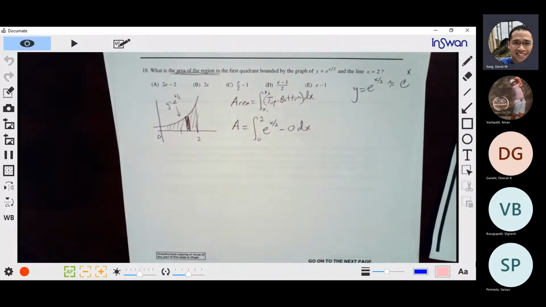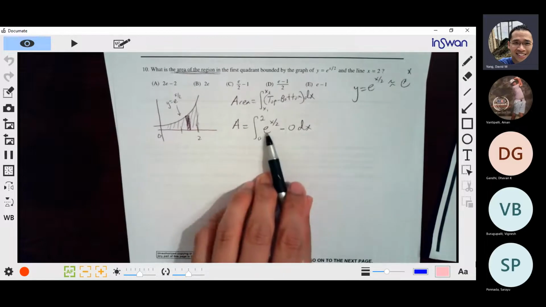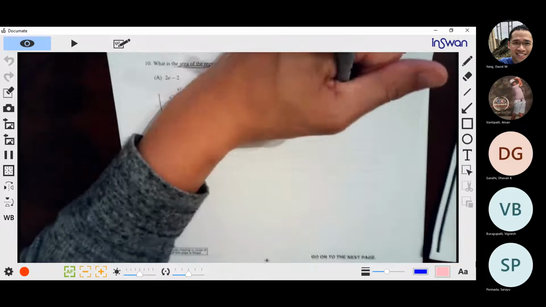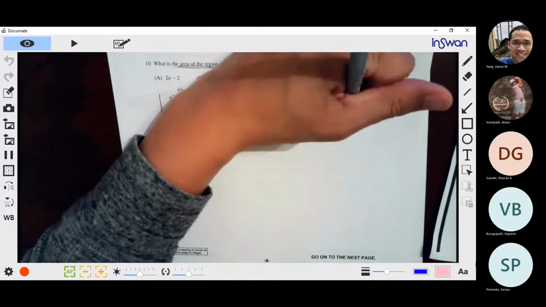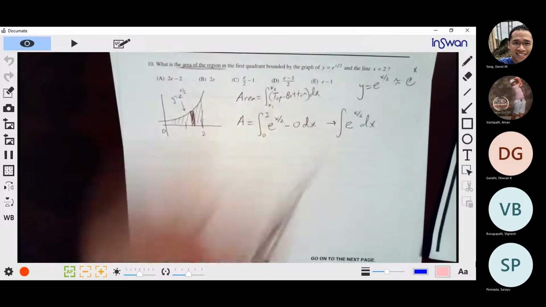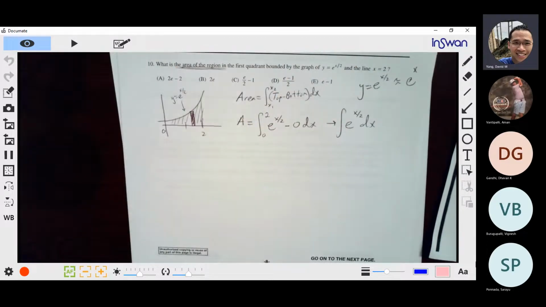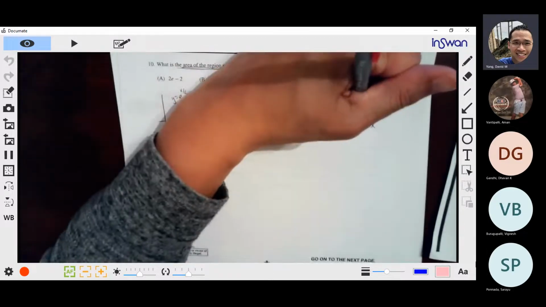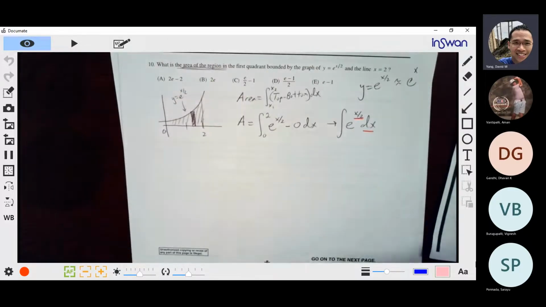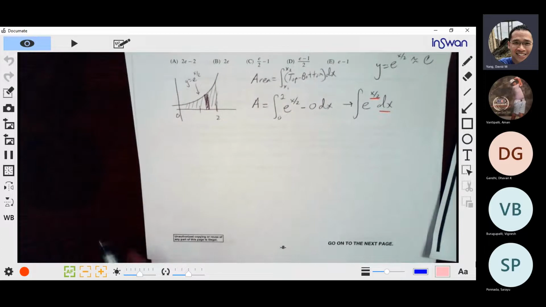Okay, we can ignore the 0 and really just focus on the u substitution that's going to come out of this. So u substitution, we let the u value be the x over 2, and we're just trying to find a substitution for those two parts.